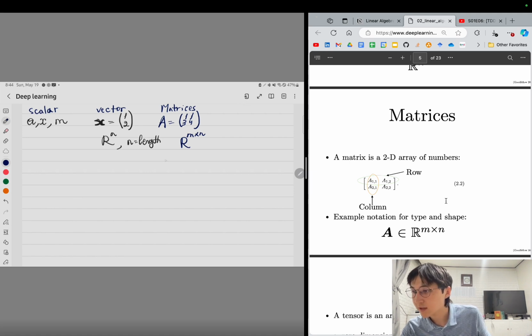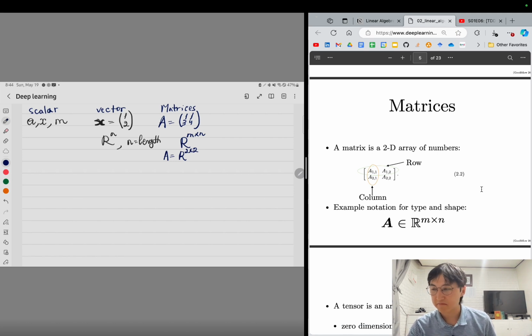So in our case A is in R^(2×2). That's clear, right? That's a matrix. It's just a 2D array of numbers, vectors are 1D arrays of numbers, and scalars are 0D, which means just numbers.